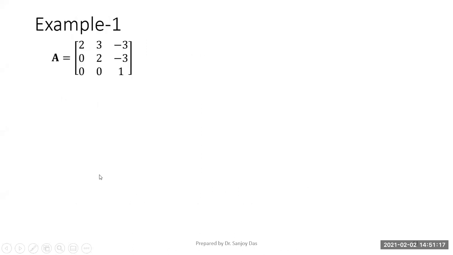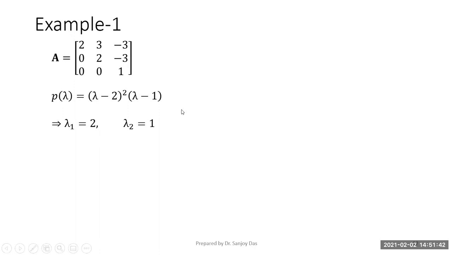Here's an example. This is a matrix. What are its eigenvalues? Anyone? 2, 2, 1, because this is a triangular matrix. So P of lambda is lambda minus 2 squared times lambda minus 1.